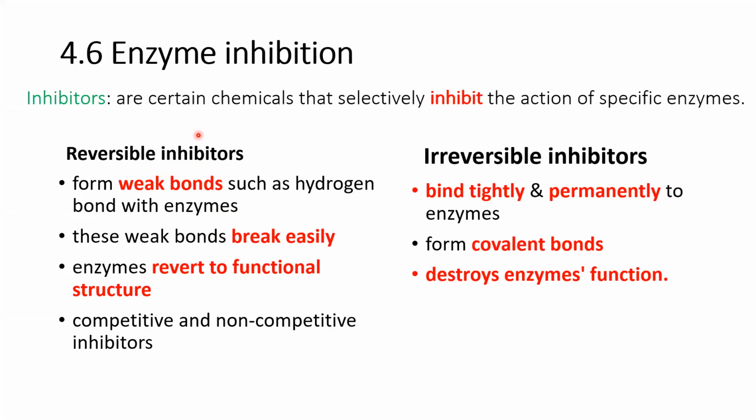Once the inhibitor is removed, the enzyme can function again to catalyze the reaction and the reaction rate will increase again. You can classify reversible inhibitors into two types, which are competitive and non-competitive inhibitors.